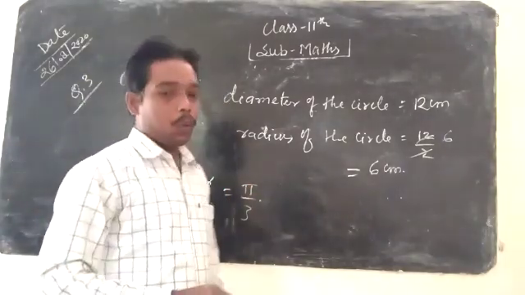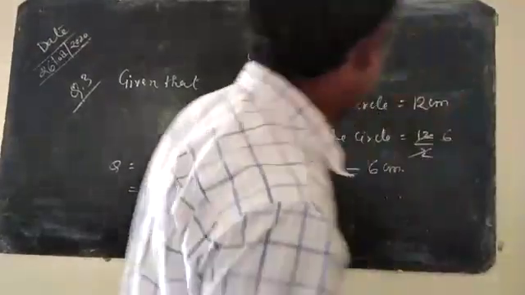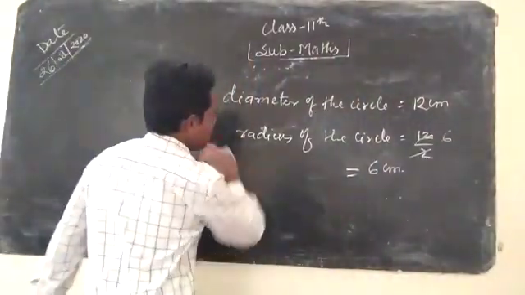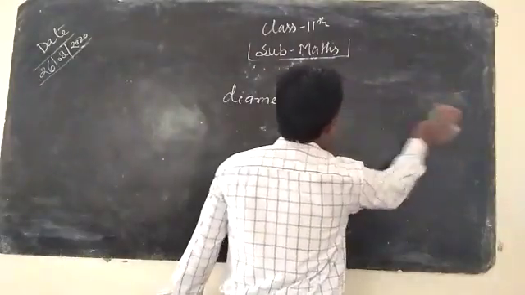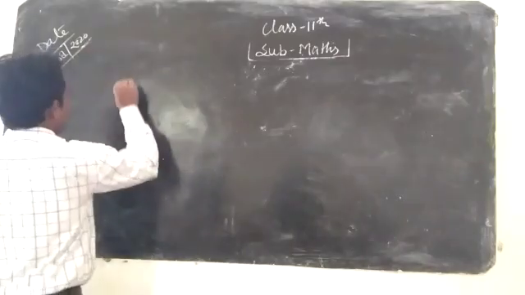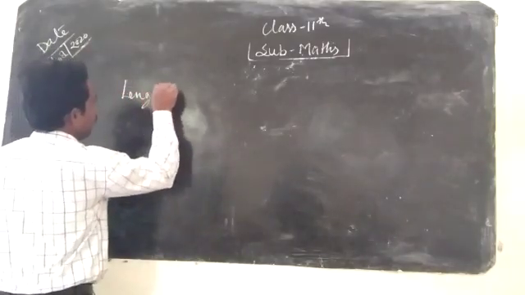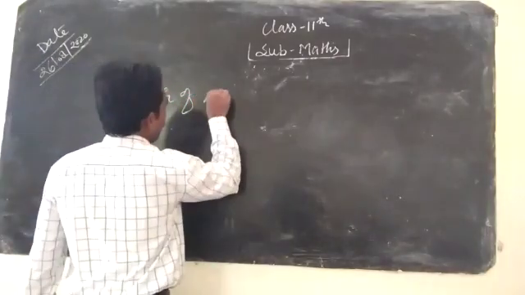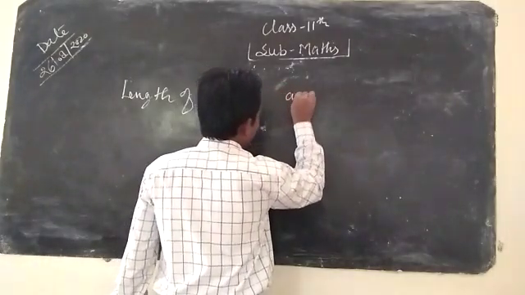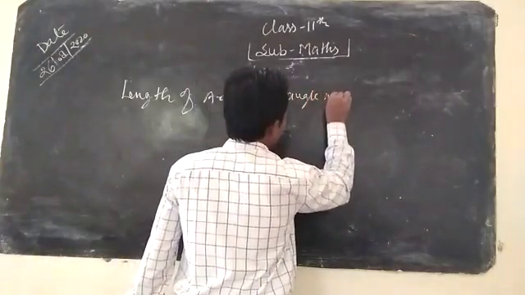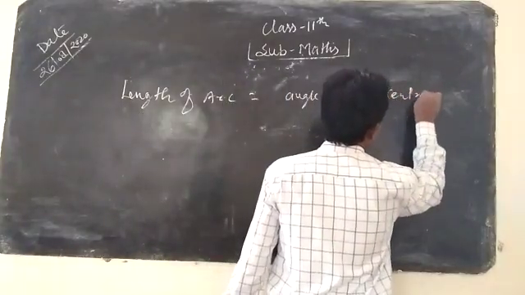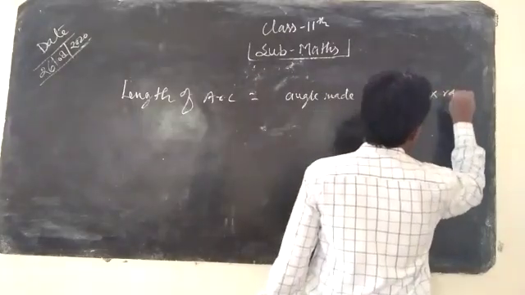Now putting the values in the formula, length of arc is equal to angle made at center multiply with radius.